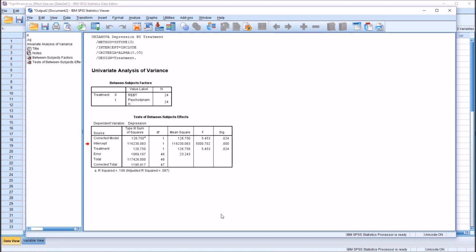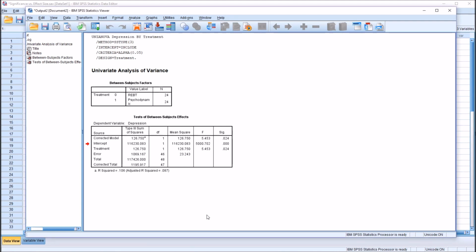The REBT group and the psychodynamic group were equal as measured on that dependent variable, depression. In this case, we would reject the null hypothesis. 0.024 is less than 5% or 0.05, which is often the alpha value we use in the social sciences. So we have the alpha value of 0.05, and we have the probability value given here by our output of 0.024.